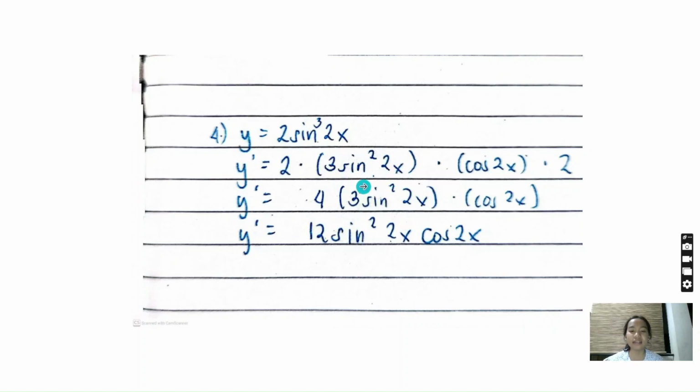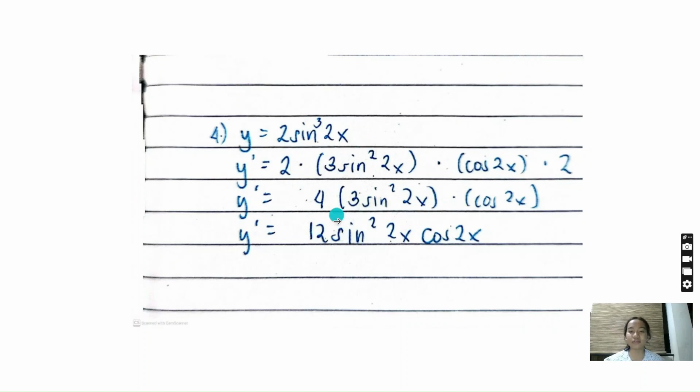It's because it is the derivative of this function since it has a power. And then again, we took the derivative of sine 2x, which is cos 2x, times 2, which is the derivative of 2x, that is 2.